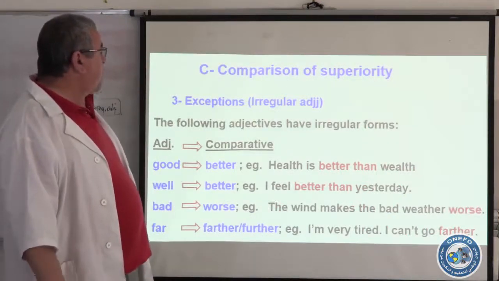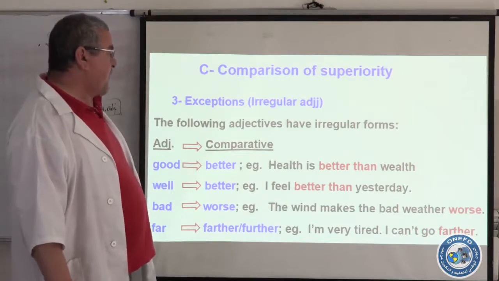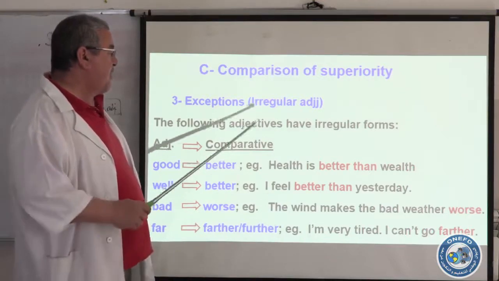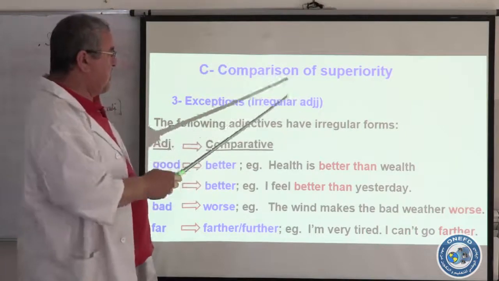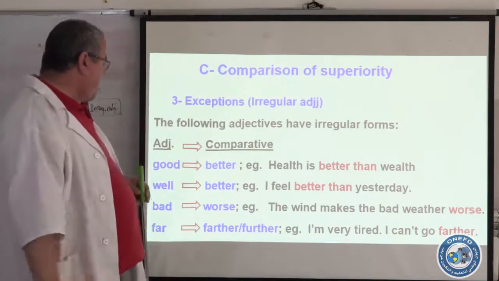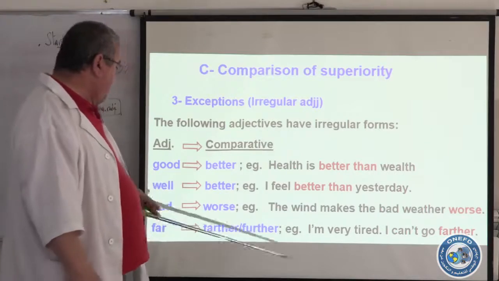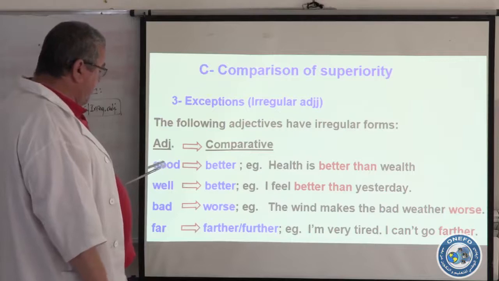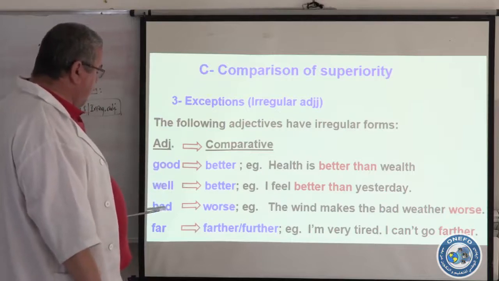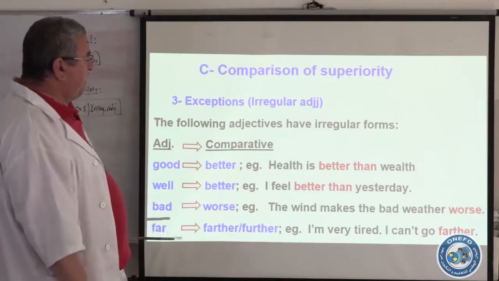Now, of course, there are again some exceptions with what we call irregular adjectives. They are not many. We have good, well, bad, and far.